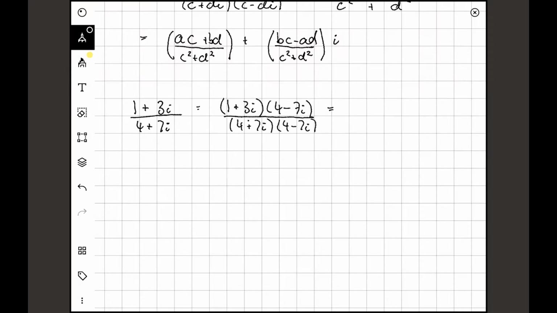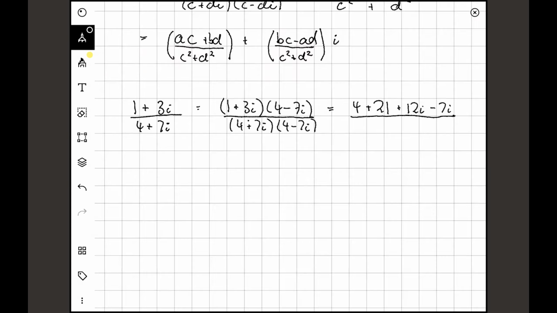So we're going to get 1 times 4, which is 4. 3i times 7i, which will give us plus 21. 3i times 4, which will give us 12i. And finally, 1 times minus 7i, which will give us minus 7i.